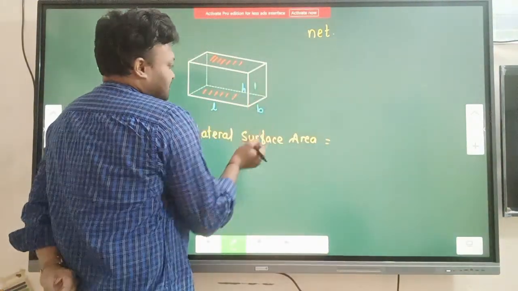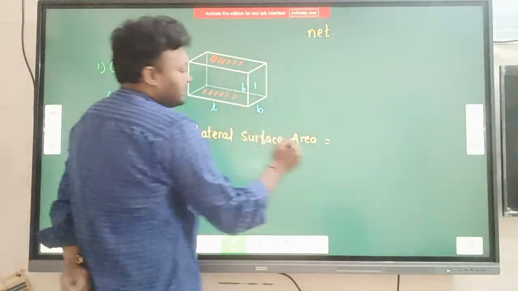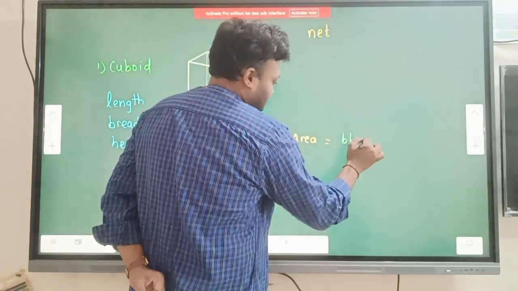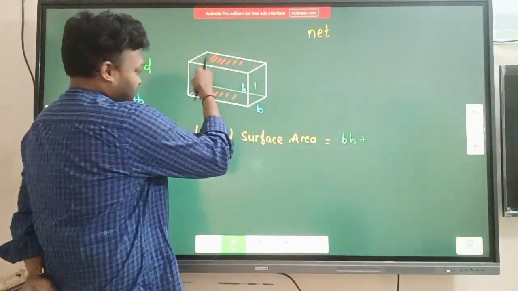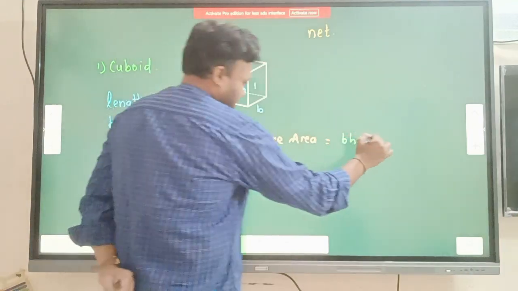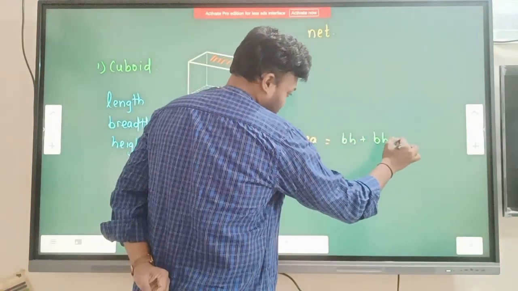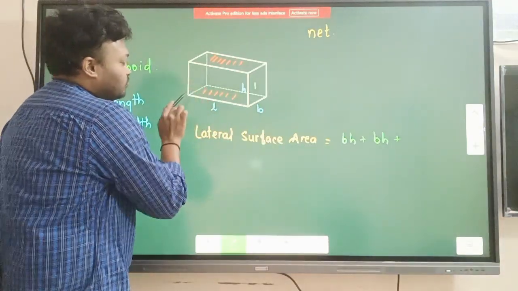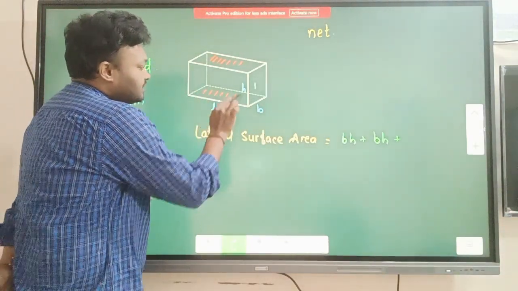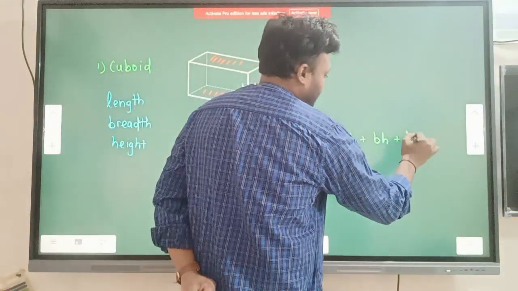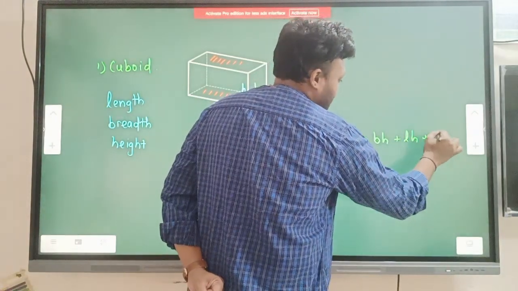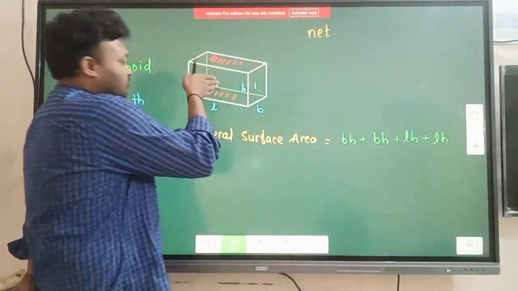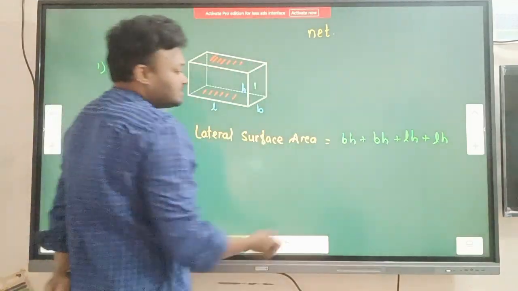This is the first one. What is its area? It is B into H, plus the front B into H, because there are 2 faces having B into H. Plus we have this area, which is length into height, so L into H, and plus one more L into H. One face is this and another face is its opposite.